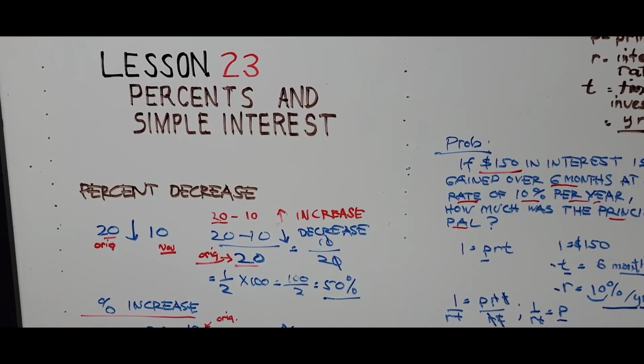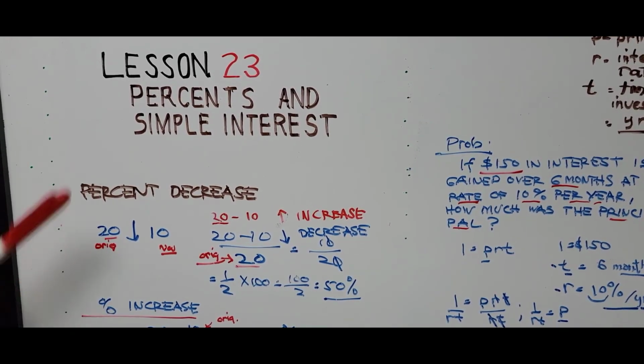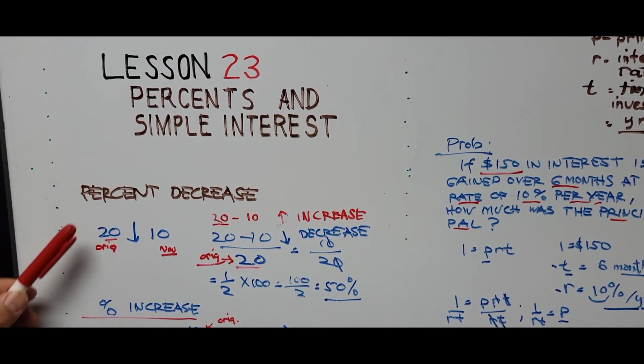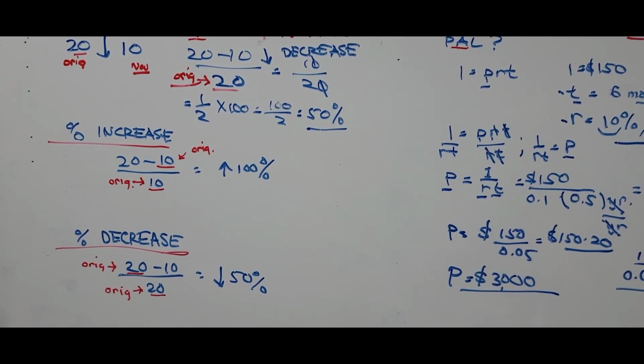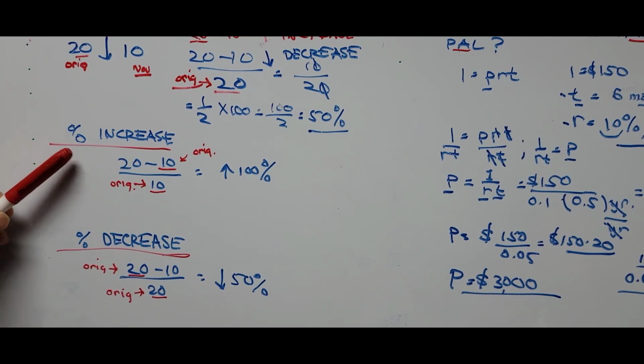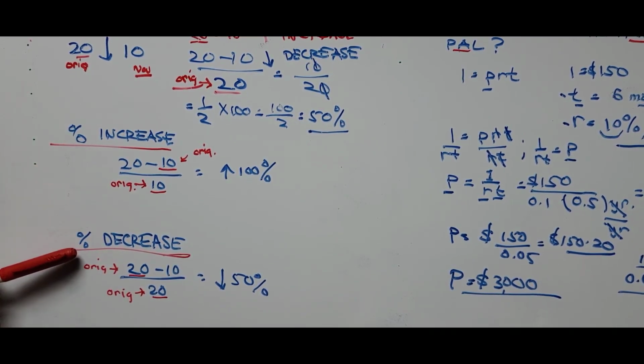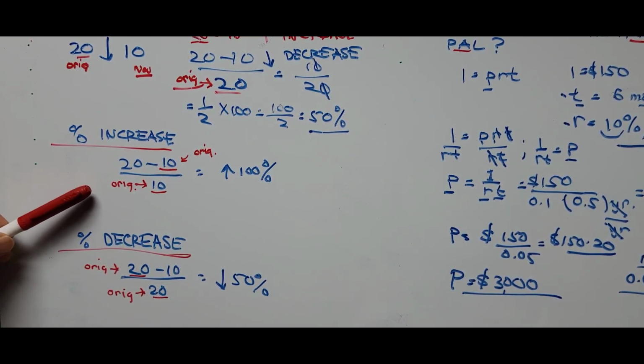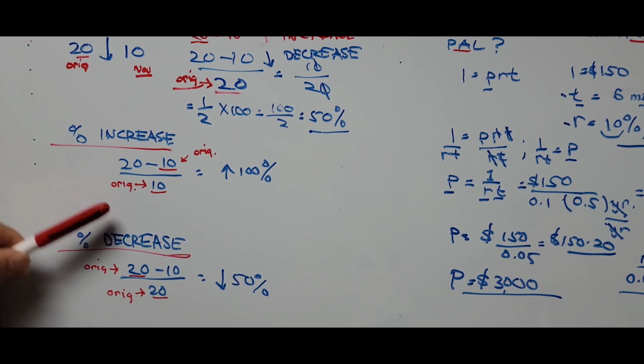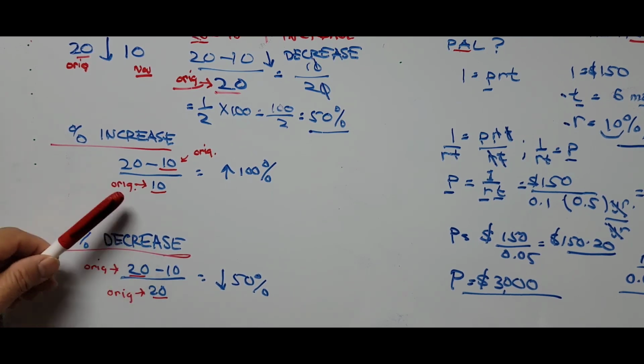Alright, we have just covered all the parts of our lesson 23, percent and interest. Now to conclude our lesson, when it comes to percent decrease and percent increase, like in our example earlier, take note that the original number should be on the denominator.